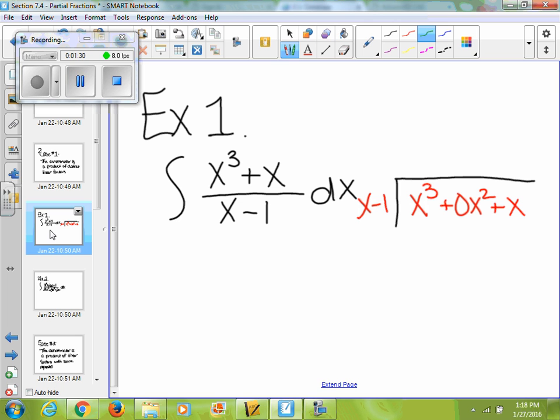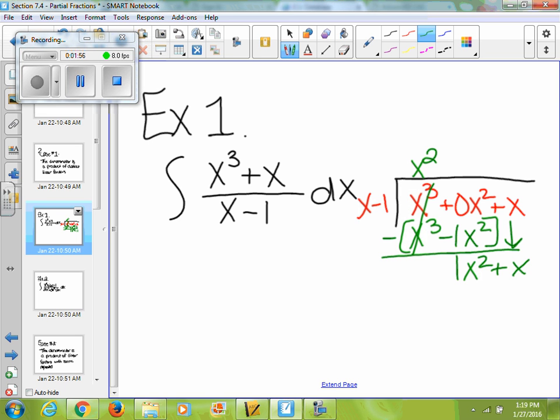Okay, so x goes into x cubed x squared times. x times x squared is x cubed. Negative 1 times x squared is negative 1x squared. If we subtract those, my x cubed goes away, minus a negative becomes a positive 1x squared, and then you bring down plus x.